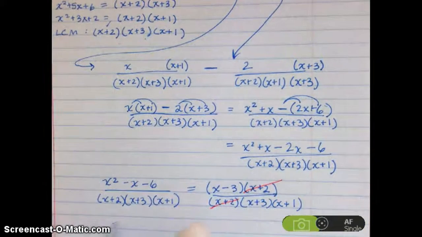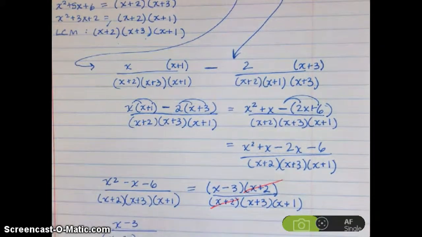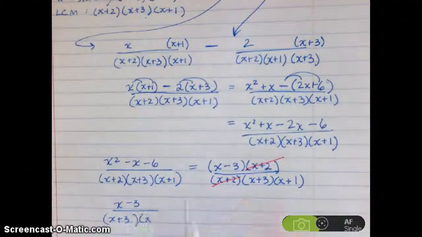Finally, my answer is x minus 3 over x plus 3 times x plus 1.